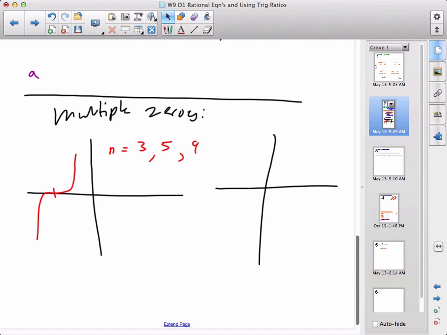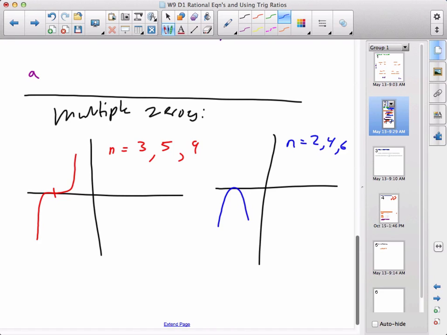It's got to be odd, because if it's even, if n is 2, 4, 6, right? If it's even, it's definitely going to make a parabola at that zero. And indeed, here you can't really distinguish between 3, 5, and 9, especially because if you plug in any of those in your equation, it takes the same form.